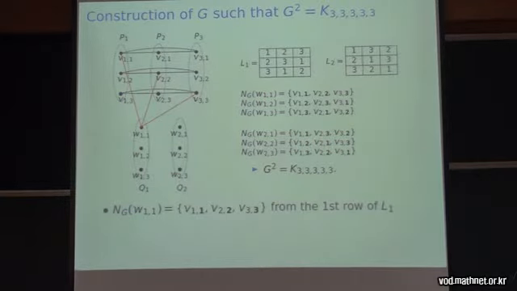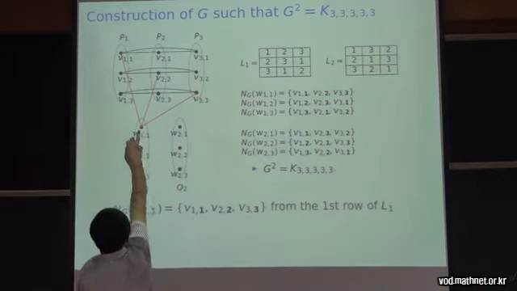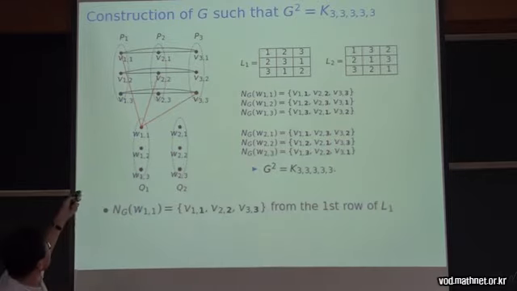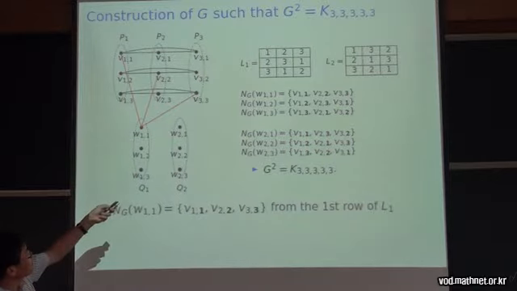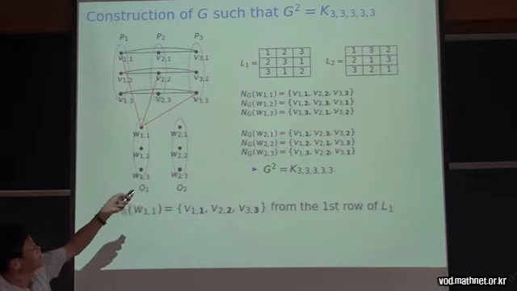Let me repeat again. W11 is adjacent in this way. Wij means row i of box j, or the opposite.